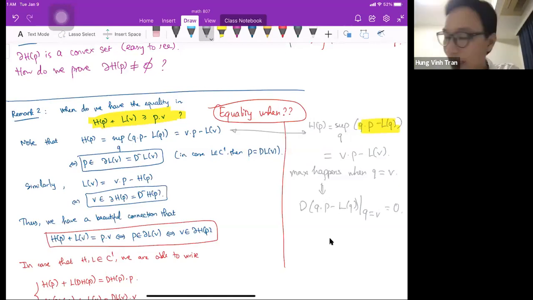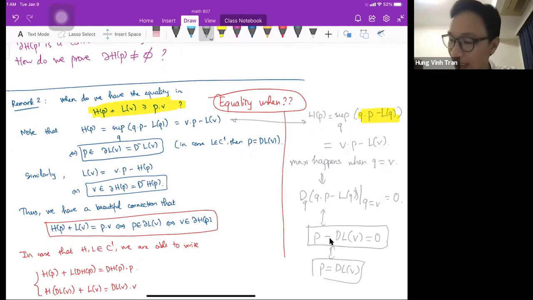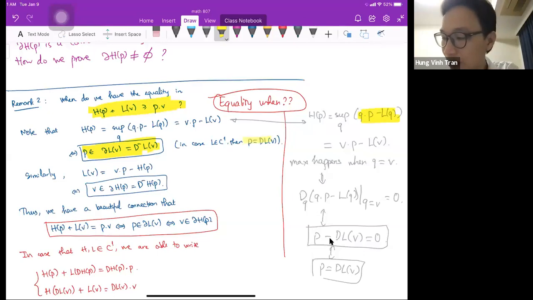And the gradient of this function in Q is exactly P minus the gradient of L at V, which is 0. So that means P is the gradient of L at V. So it happens if and only if P equals the gradient of L at V. But if your function is not differentiable, then you can replace it by saying that P is in the subgradient of L at V. And this is exactly what I meant.